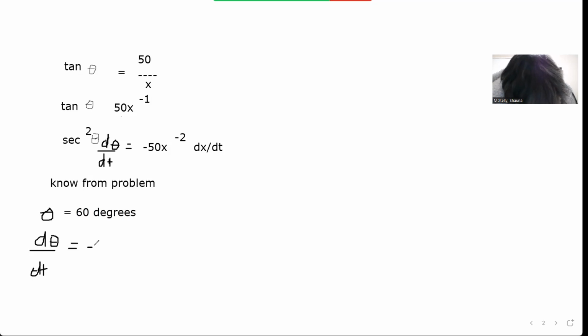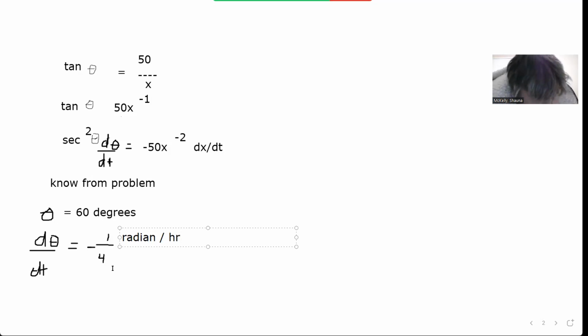I know what this is. It's decreasing because remember, the angle is negative 1/4 radian per hour.